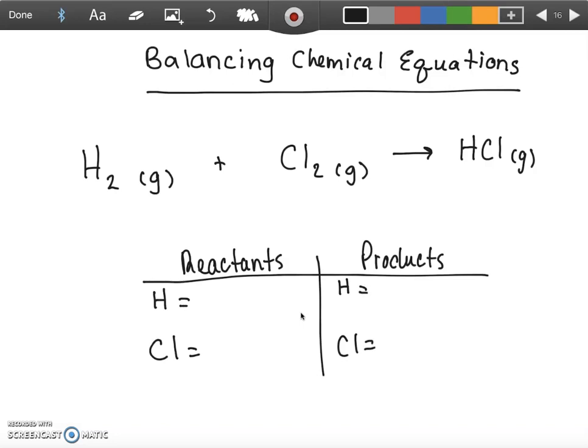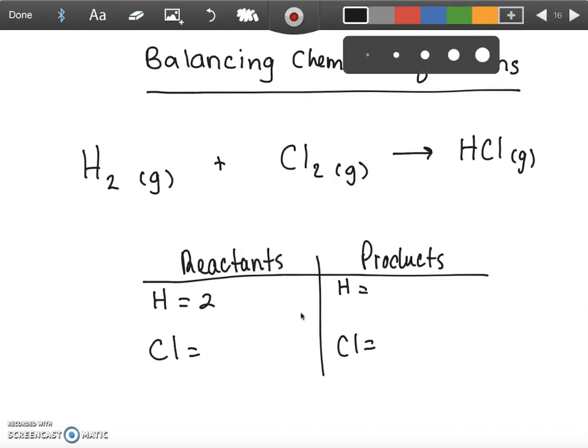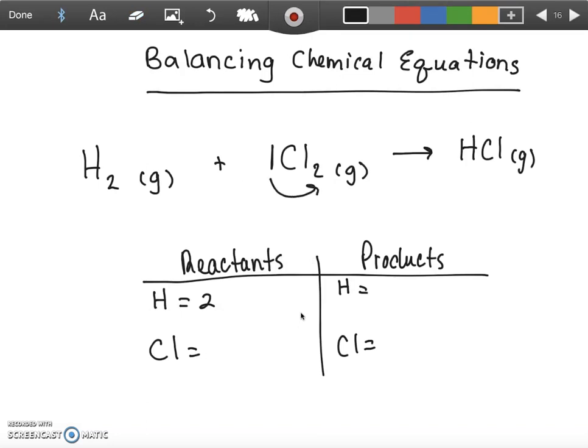And again, I'm going to breeze through this because this is something you should already know how to do. All right, right now there's an implied 1 in front of this H2 right here. So this 1 times this 2 means we have 2 hydrogens right now. And in front of this Cl2, there's an implied 1 here, so 1 times this 2 means we have 2 chlorines.